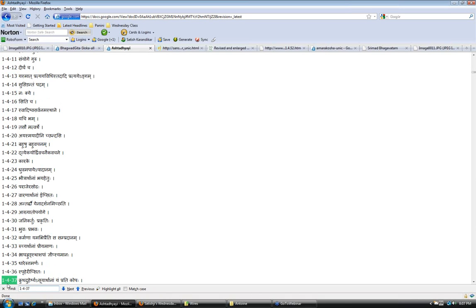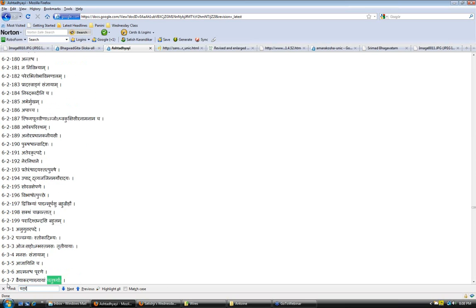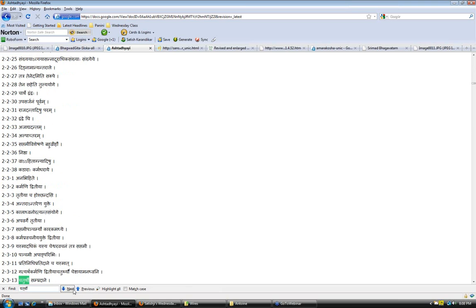So for these dhatus, the one that you are angry with, or the one that you hate, takes the sampradana sanya. Then you get chaturthi sampradane, which is 2.3.30. Those two put together give you this usage.